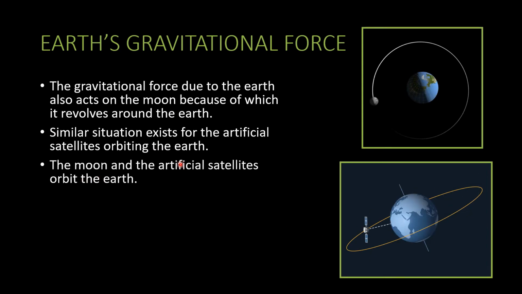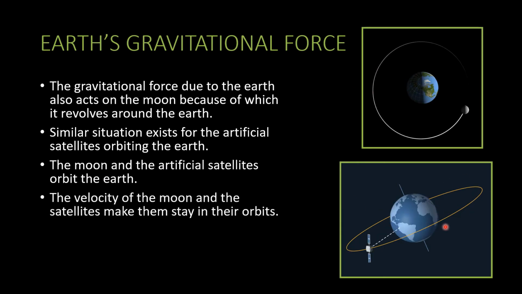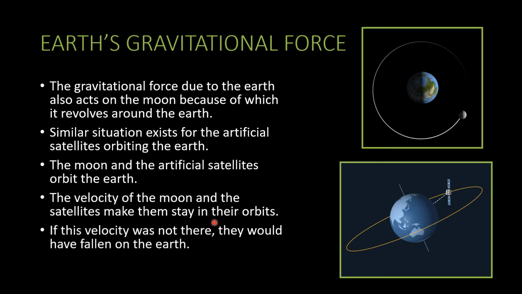The moon and artificial satellites revolve in a circular orbit around the earth, but they do not fall on earth. Why is it so? It is because of the velocity they have. Because of the velocity, they stay in their own orbit. Imagine if the velocity was not there, definitely they would have fallen on the earth.